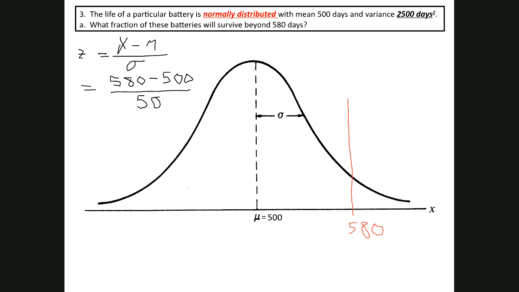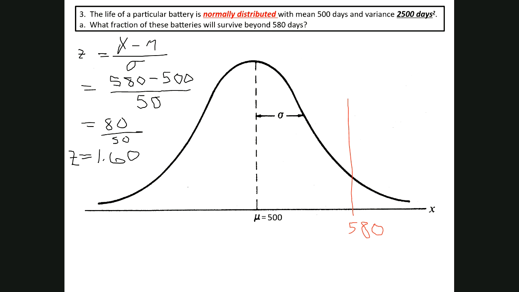And of course, this equals, doing the subtraction, positive 80 divided by 50, which is 1.60, which is our value for Z.